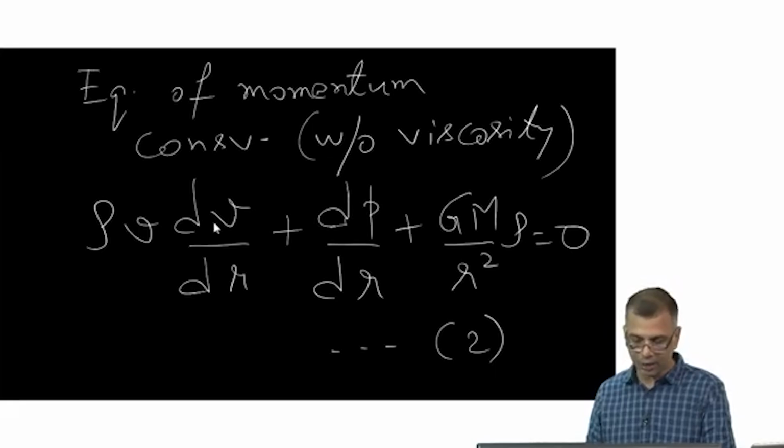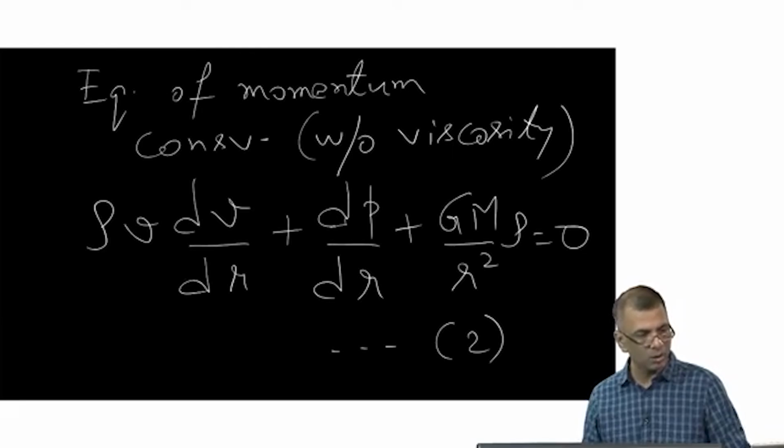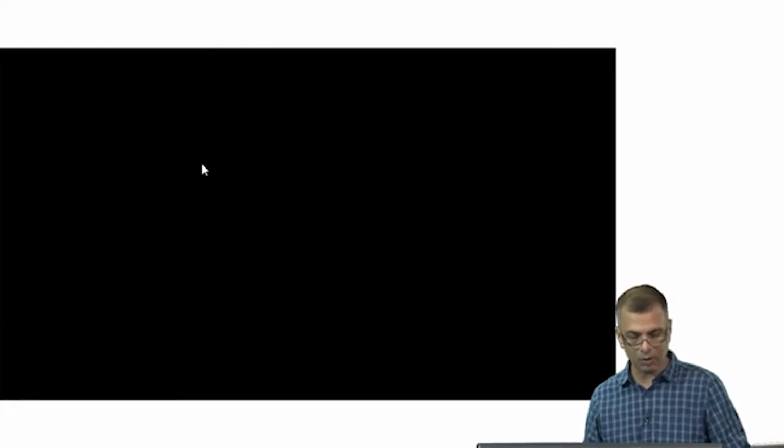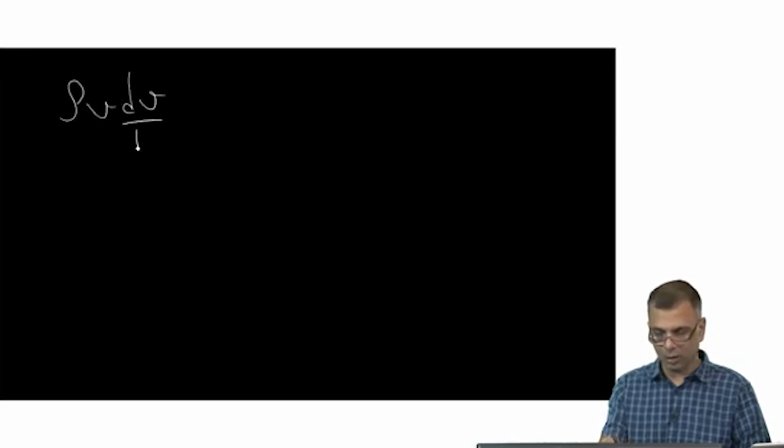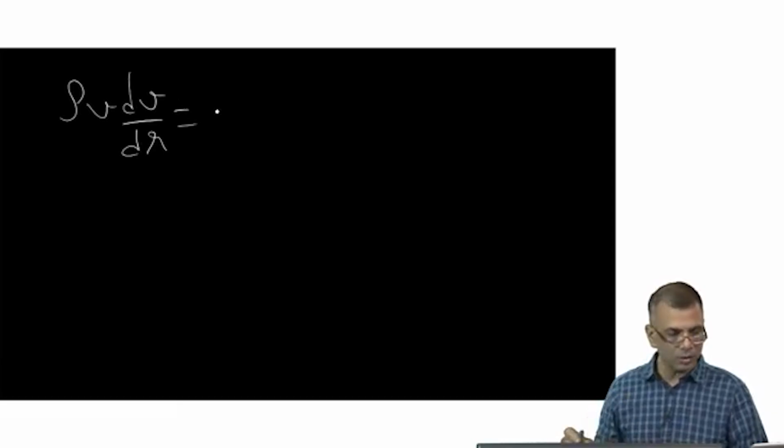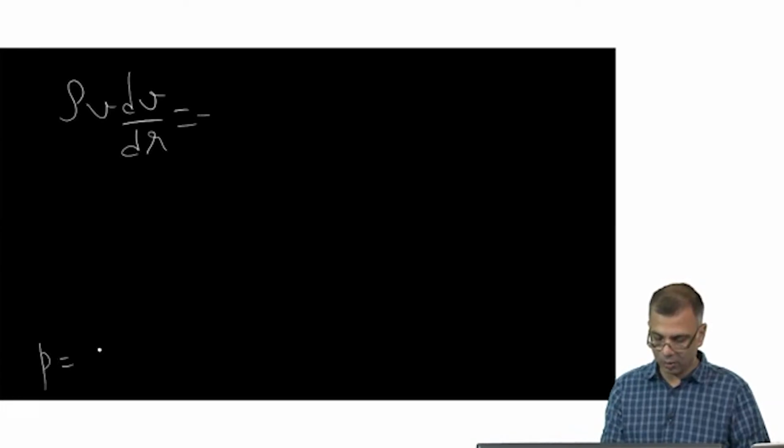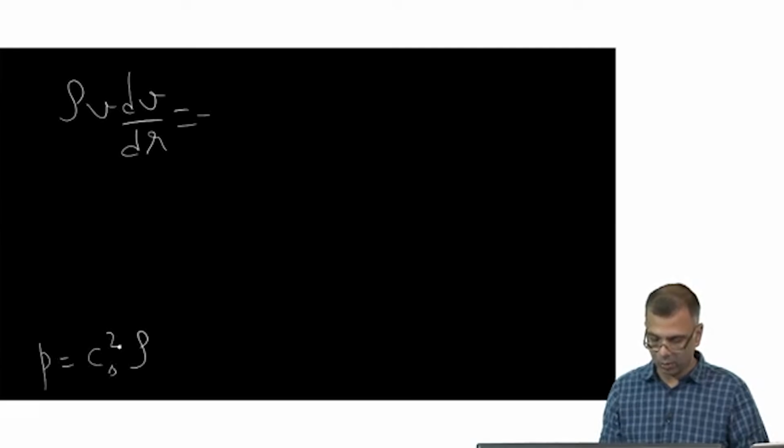So, essentially this rho v equals, instead of writing minus dp dr, I can write, remember we had written P equals Cs squared rho, right.